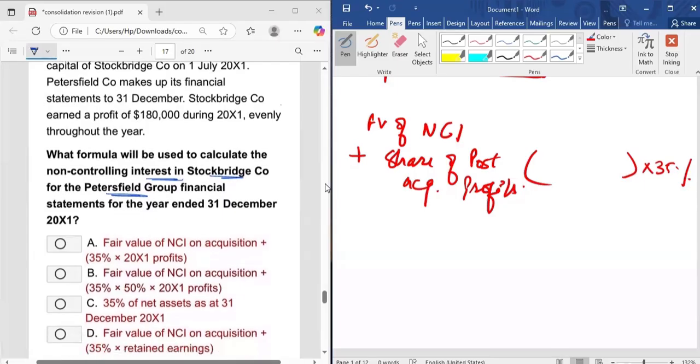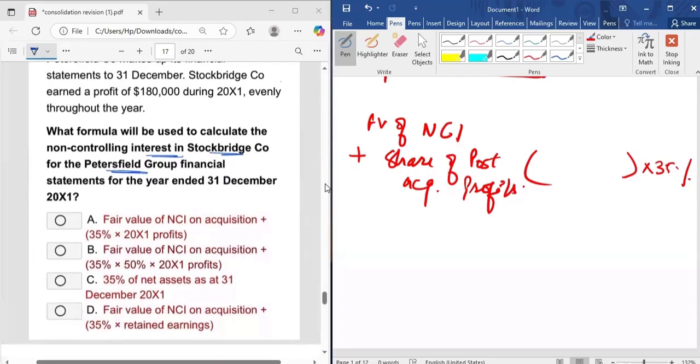The profit for the entire year is 1,80,000. They have not asked for any calculation. We just have to tell how we will express it. So it would be fair value of NCI on acquisition. It can't be this option because they have taken 35%, so eliminate it. Fair value of NCI retained earnings, no, we do not take this.